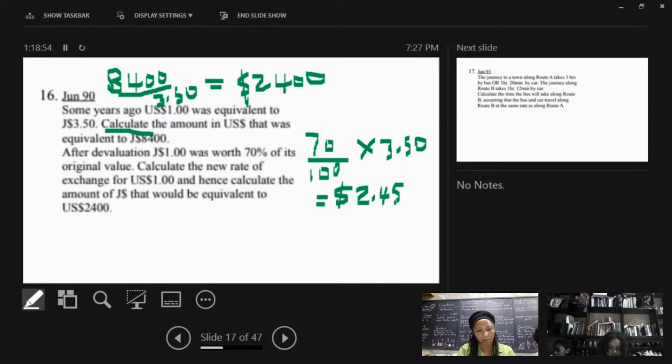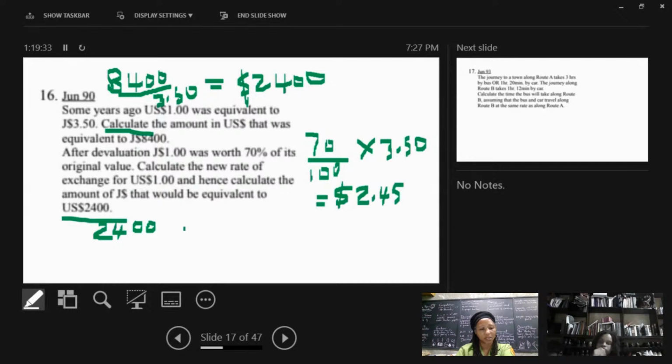Then the 2,400 divided by $2.45? Calculate the new rate of exchange for US $1. They want to know the Jamaican equivalent of 2,400 US.